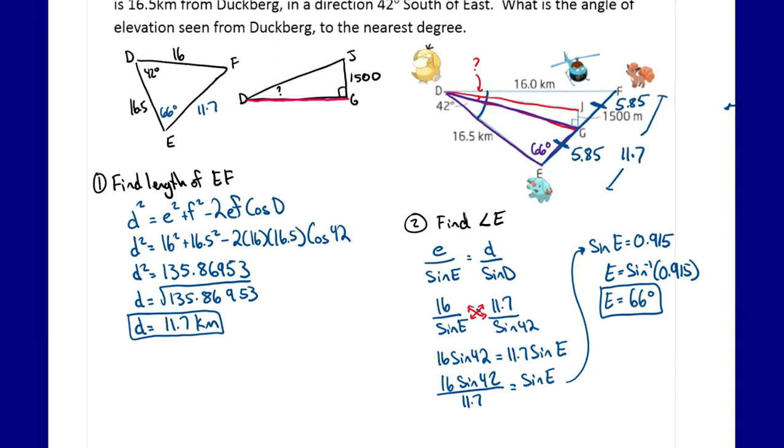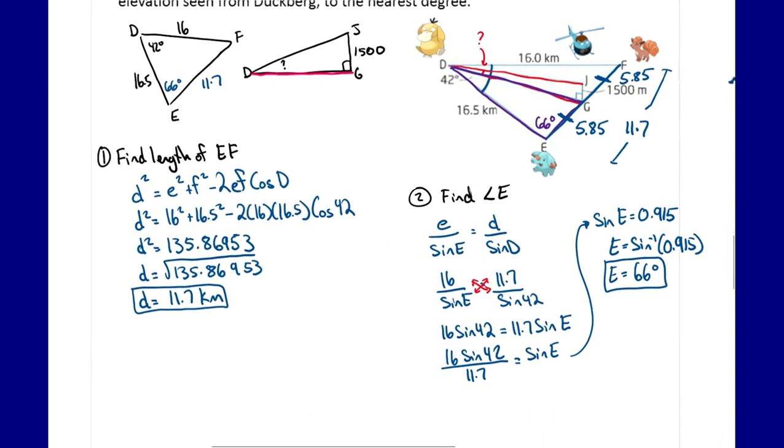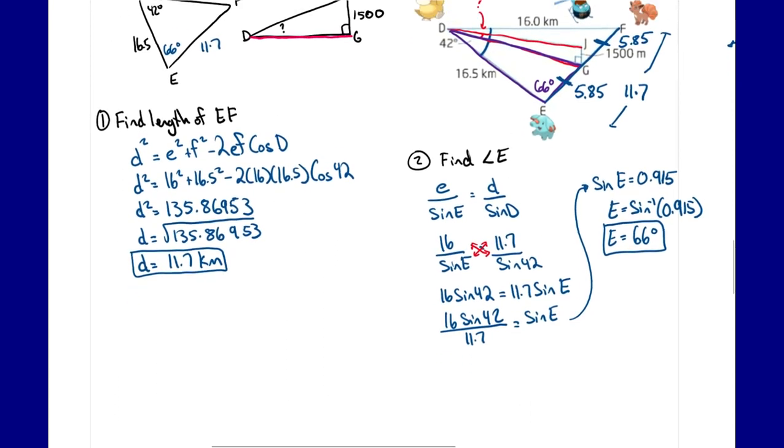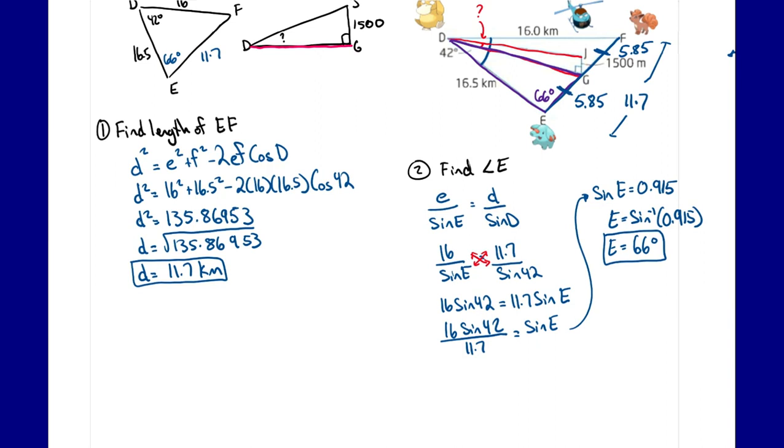So I can actually focus in on this newer triangle, DGE, and let's draw that out. For step 3, I'm going to draw out that smaller triangle. I know 66 degrees, 5.85 is the length, 16.5 is the other length. I don't know what the other two angles are.